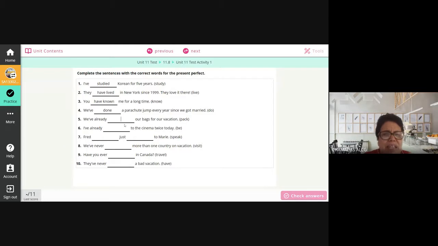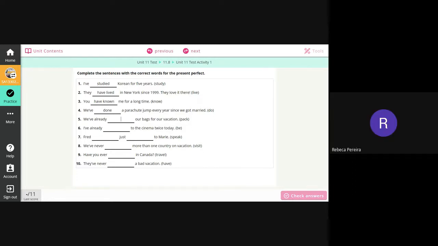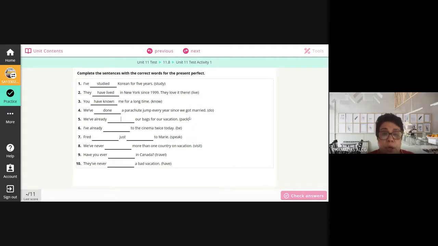Do you know the meaning? Do you remember the meaning of the verb to pack? Who knows? Does anybody know? No, nobody. Can you repeat, please? Sure. Do you know the meaning, the definition of the verb to pack?